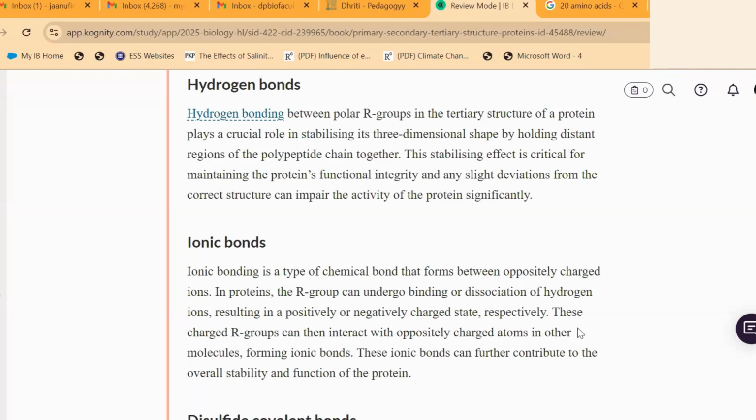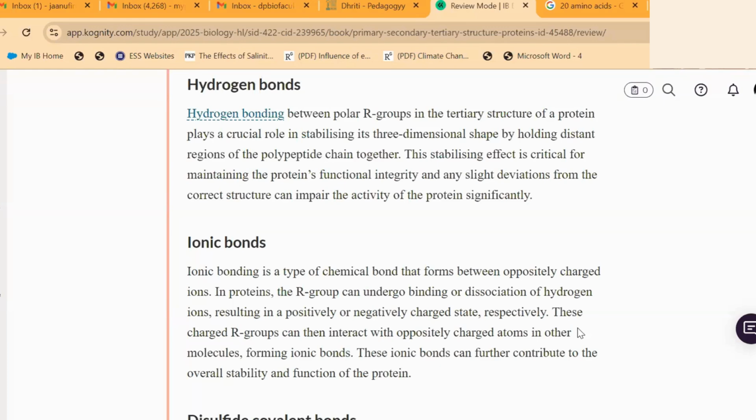If a protein is made up of 300, 400 amino acids, to pile them up together you need extensive folding. That happens when a bond is formed between the first amino acid and, say, the hundredth amino acid, through hydrogen bonds.